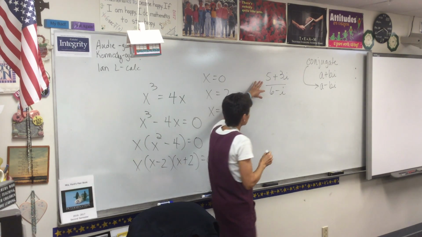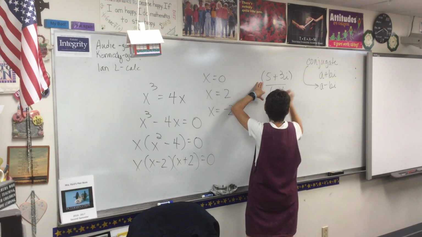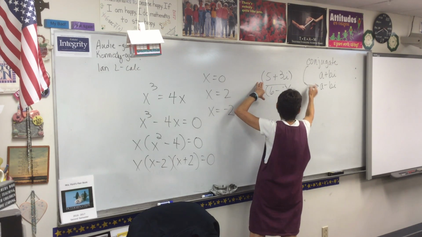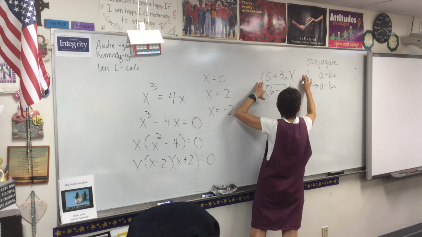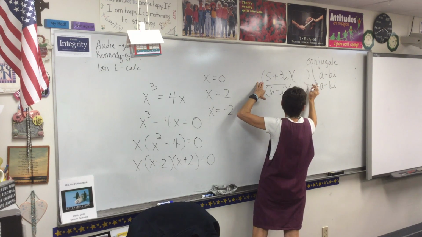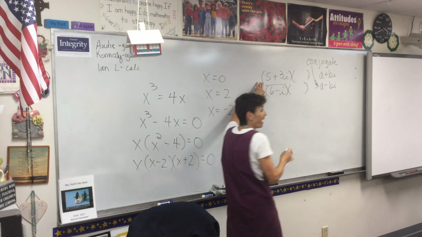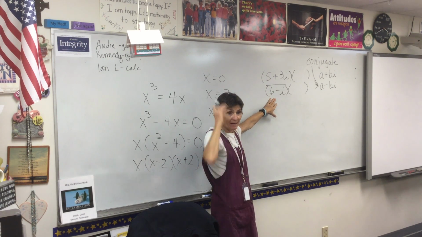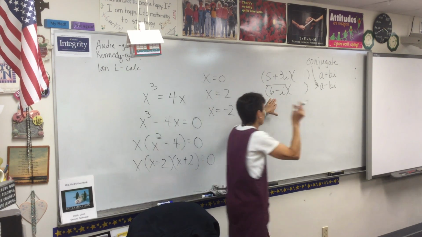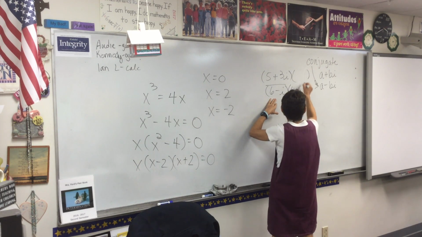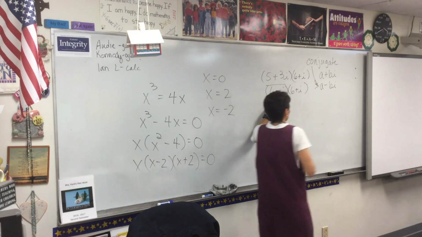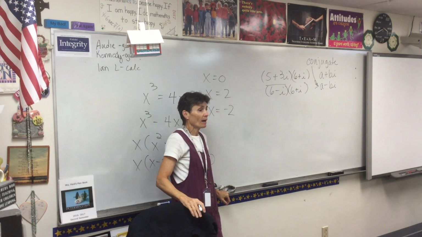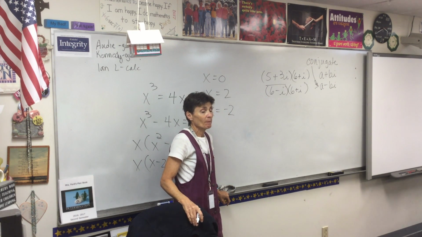So we're going to take this problem and multiply the top and the bottom by the conjugate of the bottom. So what is the conjugate of 6 minus i? 6 plus i. So we multiply top and bottom by the conjugate of the bottom.